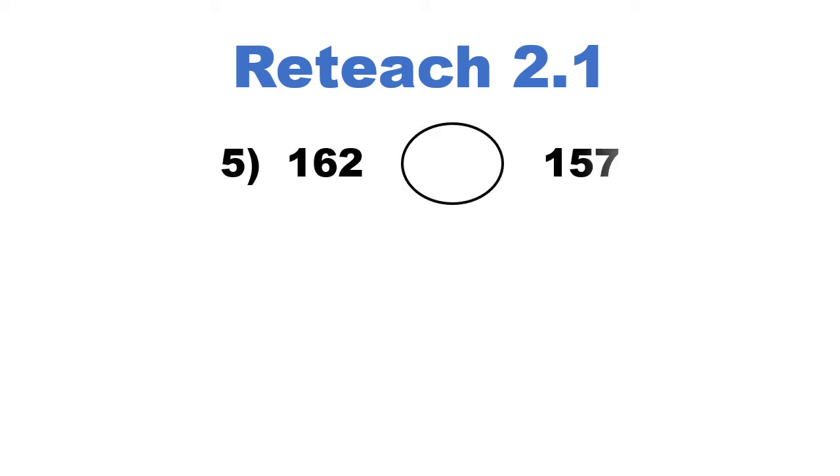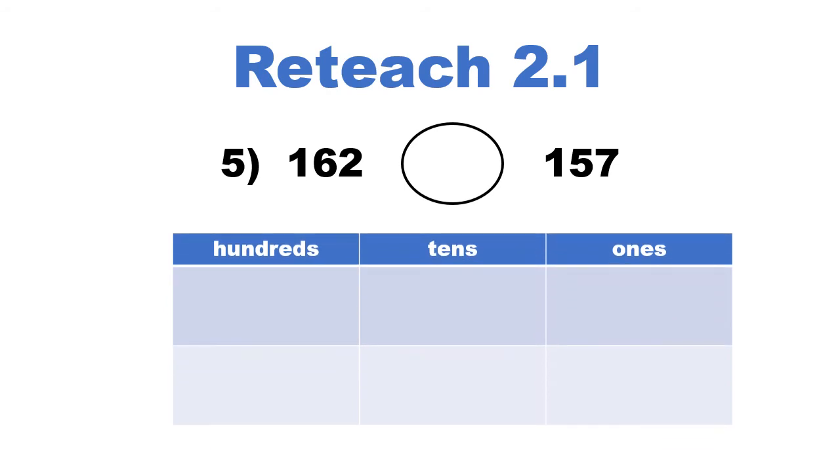Let's look at number 5 for some 3-digit numbers. 162 and 157. Let's compare these in a place value chart. Here's my 162, here's my 157. Now remember, I have to start with the greatest place in order to compare. So in this case, that would be the hundreds.